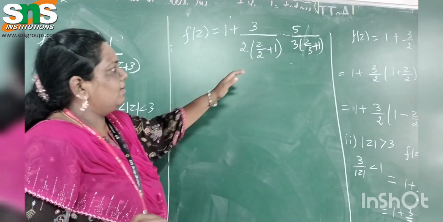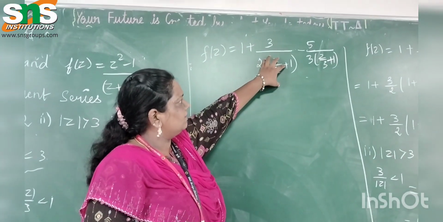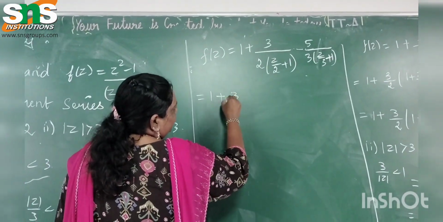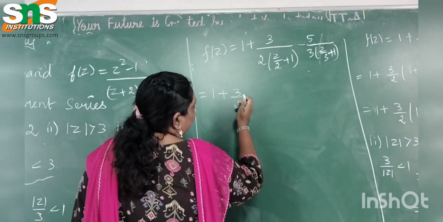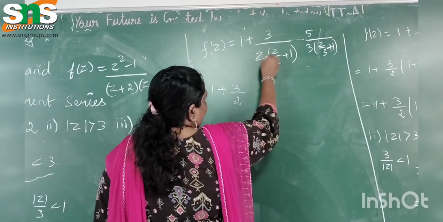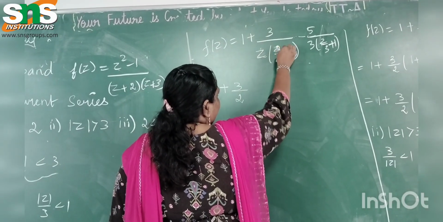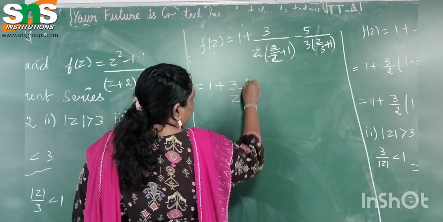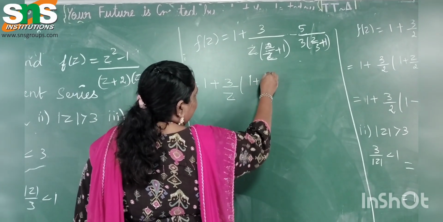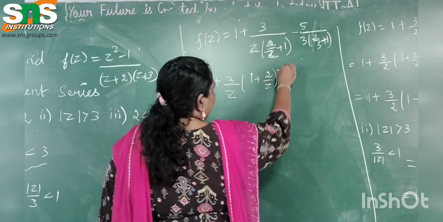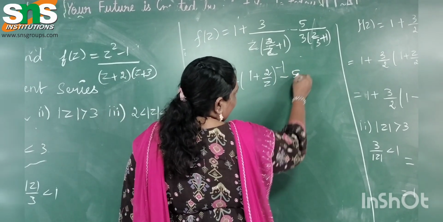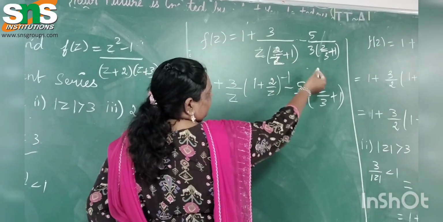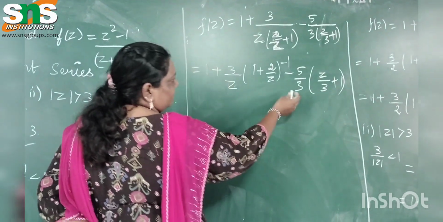So now we are going to take the function in the numerator. So we will get 1 plus 3 divided by 2. In this equation we are going to take z as a common, so we will get 2 divided by z. So 3 divided by z into (1 plus 2 divided by z) power minus 1, minus 5 divided by 3 into z divided by 3 as a common we will get.